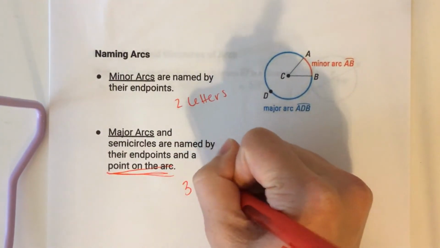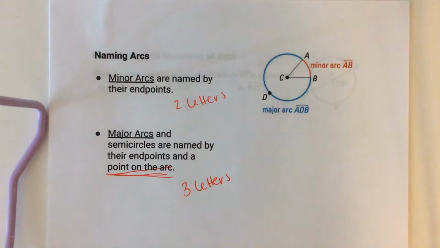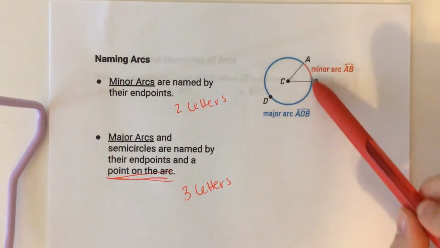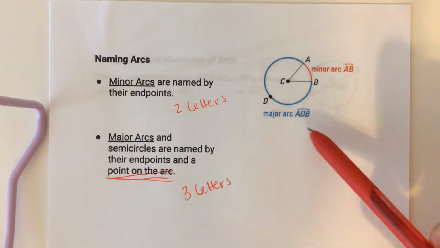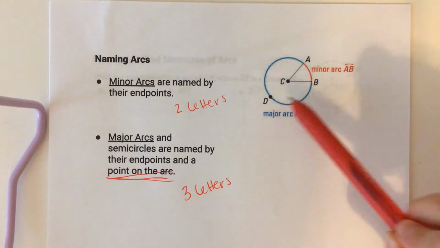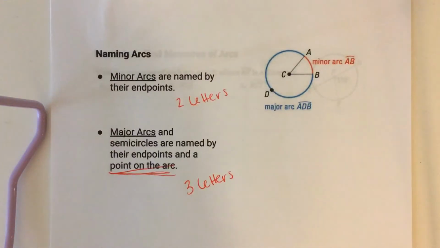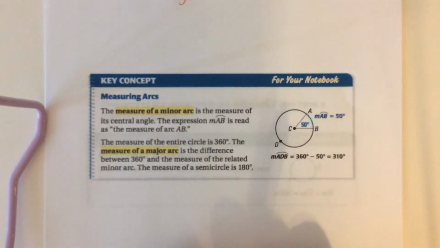So it's going to be 3 letters. And just like when we're doing angles, you follow the order of the letters. So minor arc AB, it's a minor arc, so we only need 2. Major arc ADB, just go in the order of the letters. And that's going to help us when we start measuring arcs.